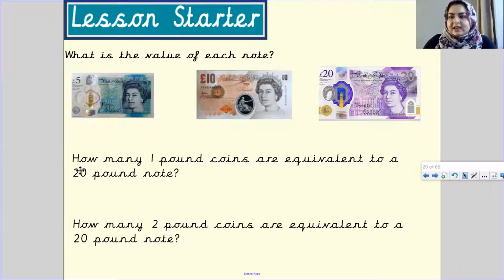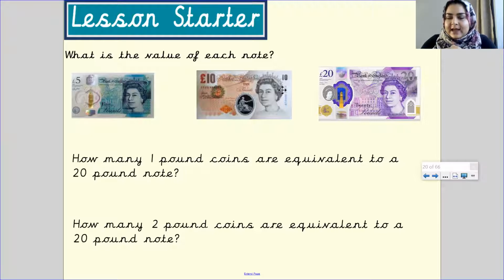So now, keeping that in mind, can you think about how many £1 coins are equivalent to a £20 note? Pause the video now and think about it. Okay, so it says how many £1 coins are equivalent to a £20 note. So if £1 means 1, that means you will need to count that pound until you get to 20.